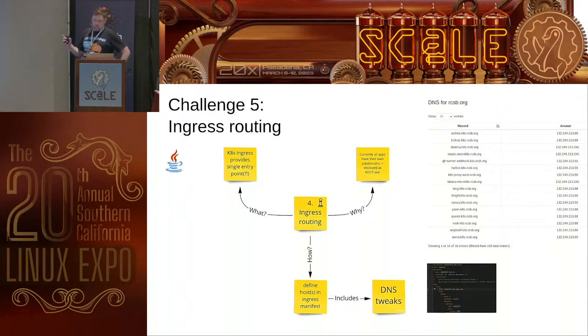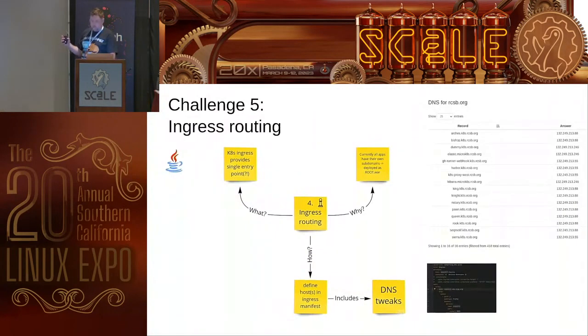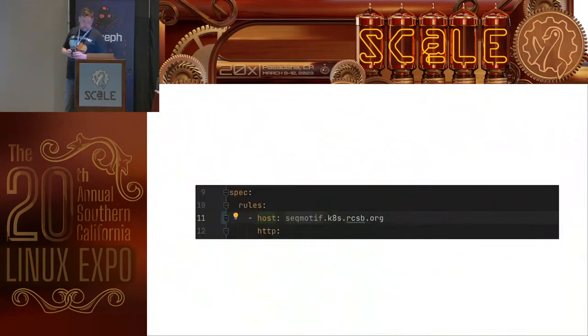But to actually achieve that, we had to provide these entries inside NS1, and then we configure ingress this way for Kubernetes to be able to point this entry point to a specific service.